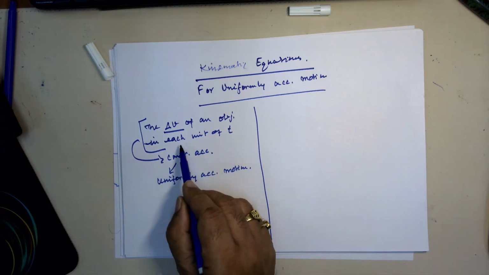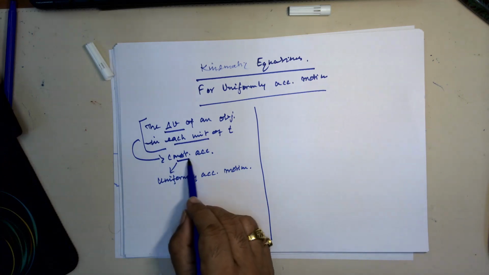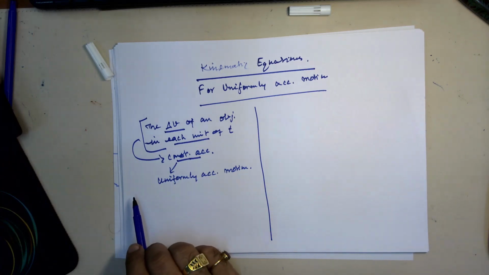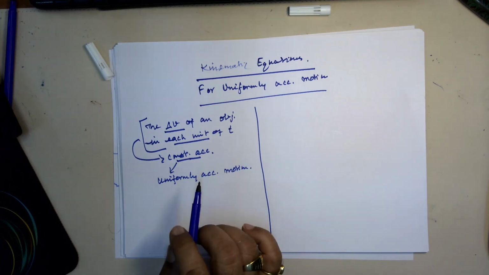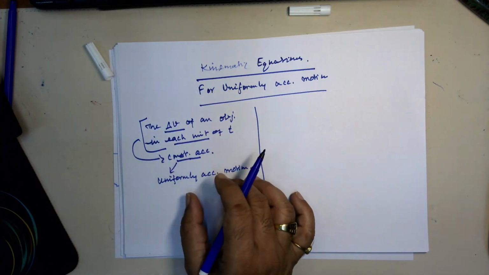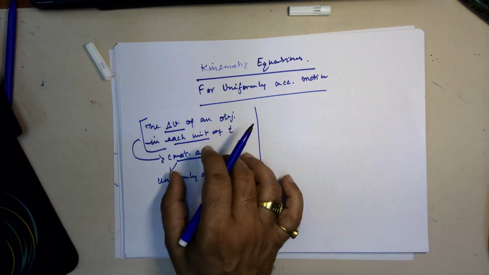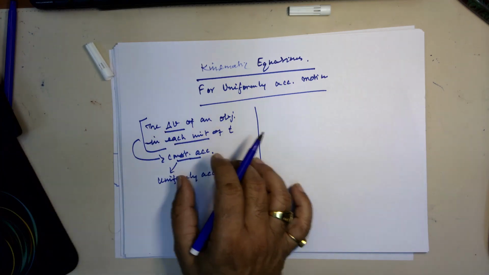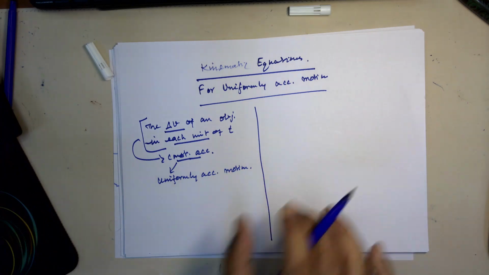The change in velocity with time is constant, meaning there is equal change in velocity in equal intervals of time. So delta V in each unit of t is said to be constant acceleration, and that motion is called uniformly accelerated motion.